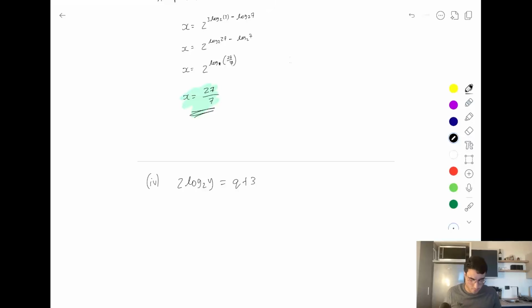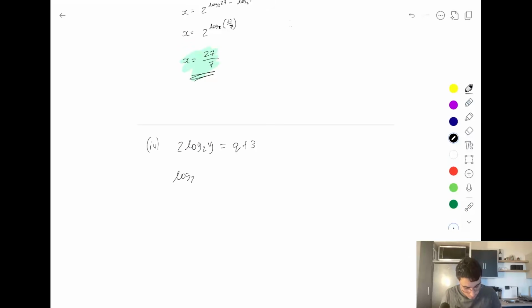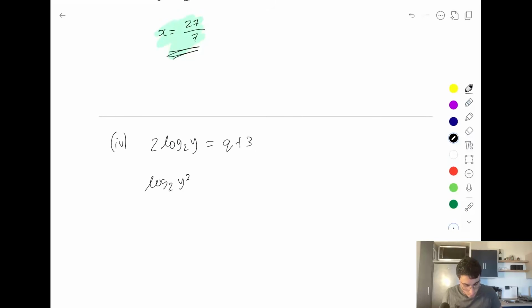Well, what do we know here? Starting off, we can say that our 2 here can be raised to the power, okay? So log 2 y squared is going to equal q plus 3, okay? We know that first and foremost.